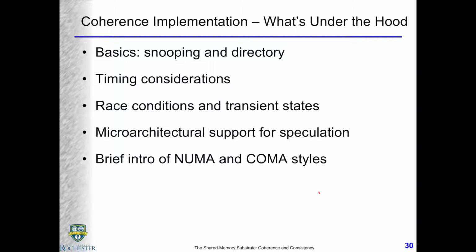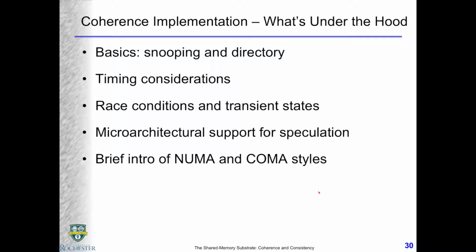So we're going to look at the implementation. And there's lots of detail about this. Like I said early in the course, this is more of a hardcore, more detailed look at all these issues. So there's the basics. How do you do this? You can do it via snooping, or you can do that with the help of a directory.